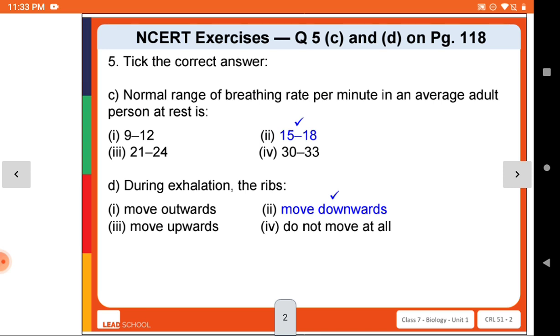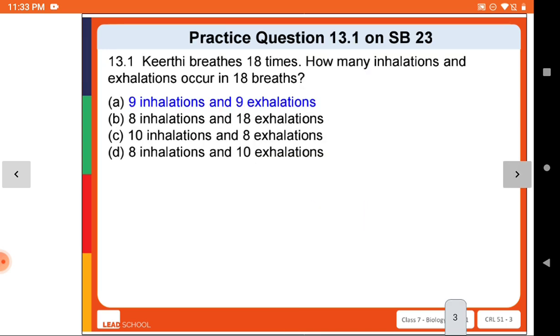During exhalation the ribs move downward, so moving downward is our correct answer. Practice question 13.1 on SB23: Kriti breathes 18 times. How many inhalations and exhalations occur in 18 breaths?